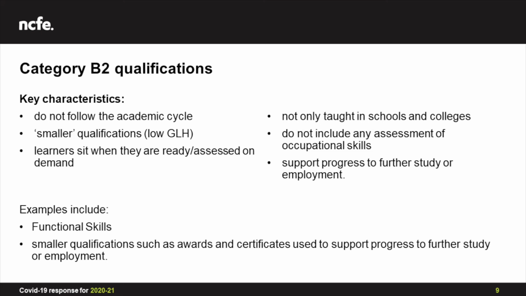B2 qualifications are also likely to be taught and assessed in other settings beyond just schools and colleges. This group does not include any assessment of occupational skills, but they may be assessing some element of proficiency. Finally, B2 qualifications are used to support progress to further study or employment.